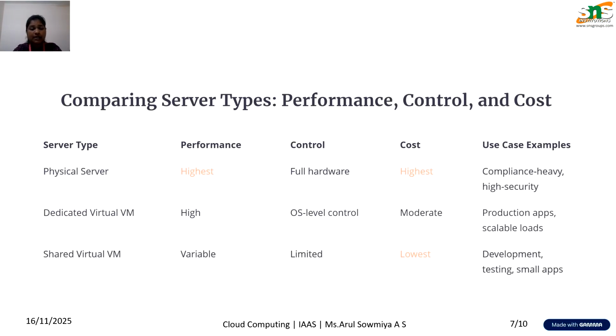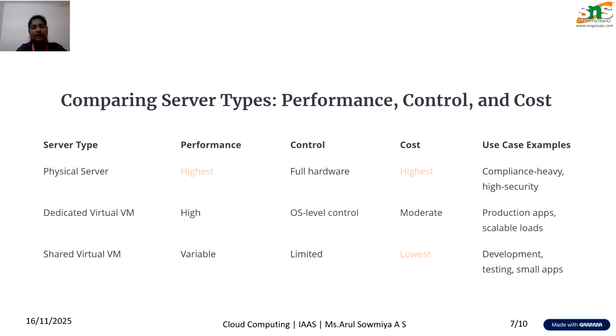Here is the comparison of server types, which is performance, control, and cost. So here we can see the server types, that is physical server, dedicated virtual VM, and shared virtual VM. Here are the performance, control, cost, and use case example. The first, physical server, has highest performance, full hardware control, and highest cost.